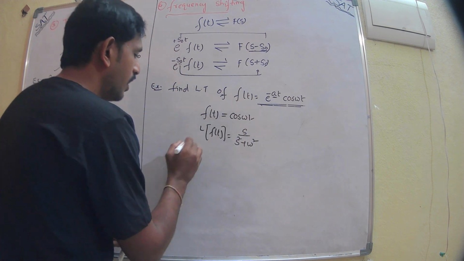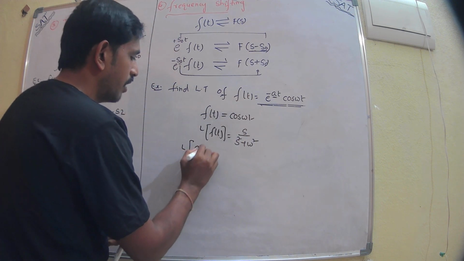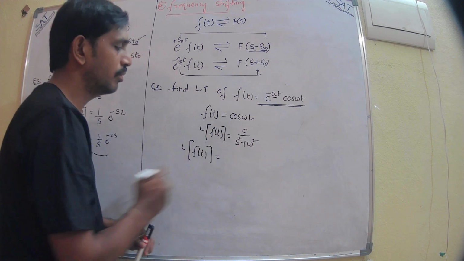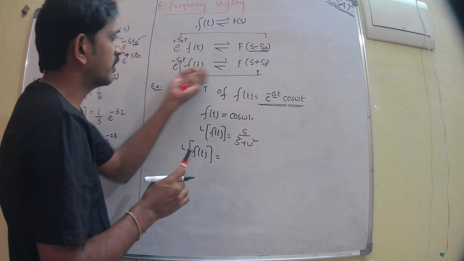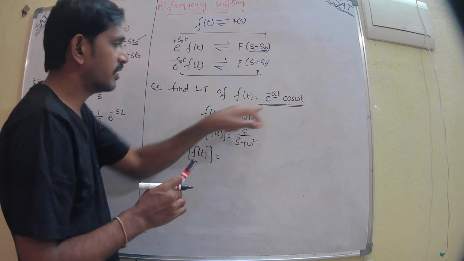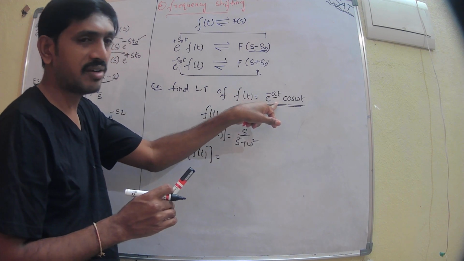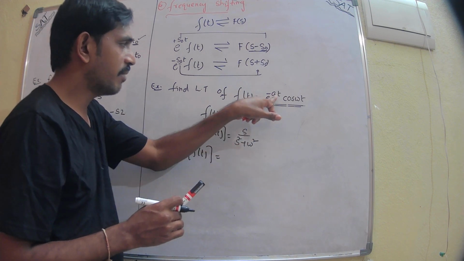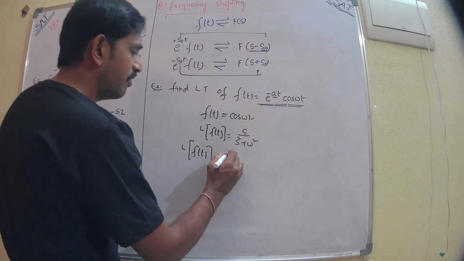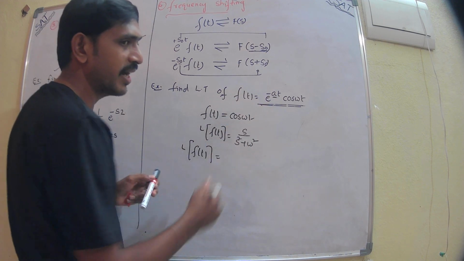Now to find the Laplace transform, first we shift the function by the factor of a, that is f of s minus s naught.